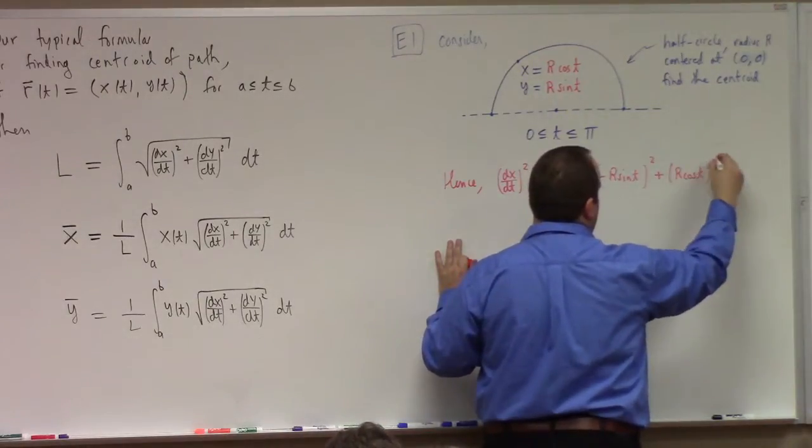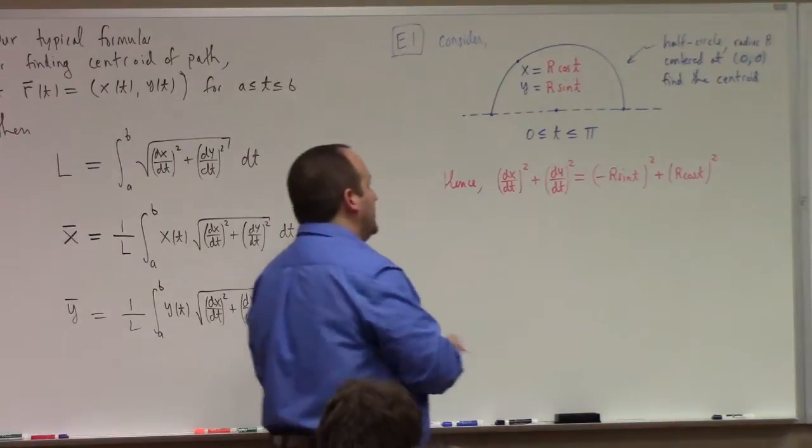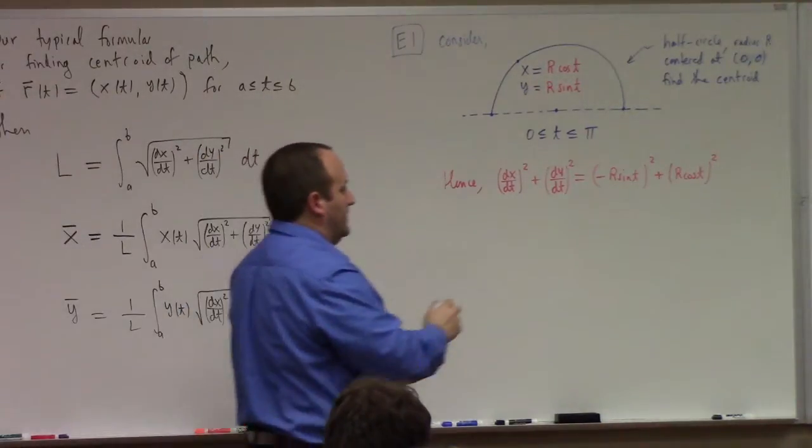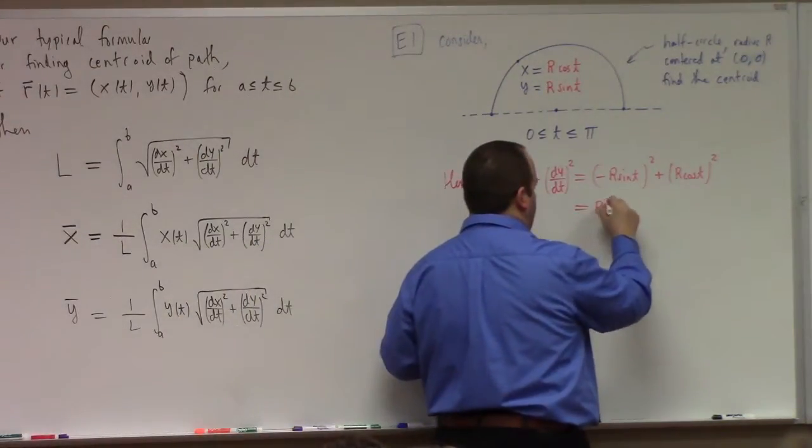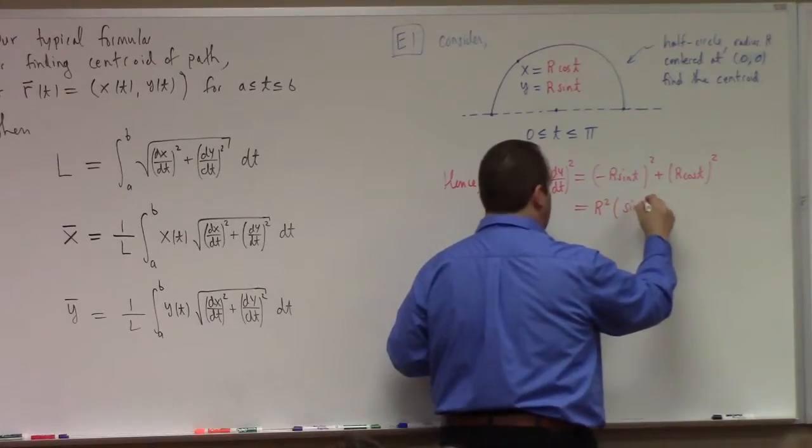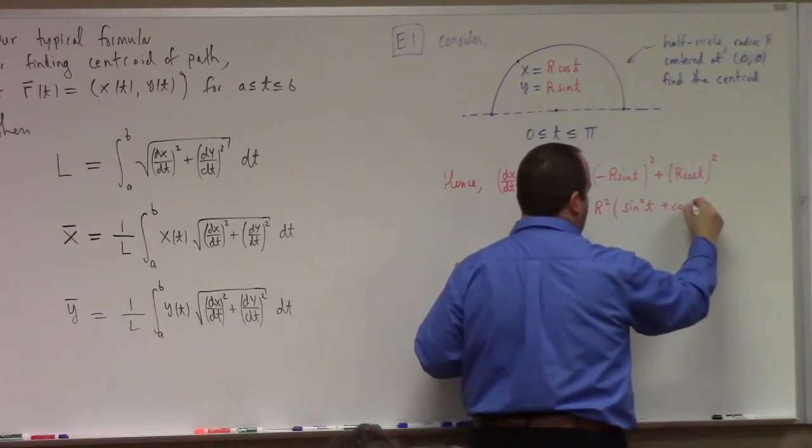We have minus r sine t squared, and then plus r cosine t squared. We add them together. That gives us r squared times sine squared t plus cosine squared t.